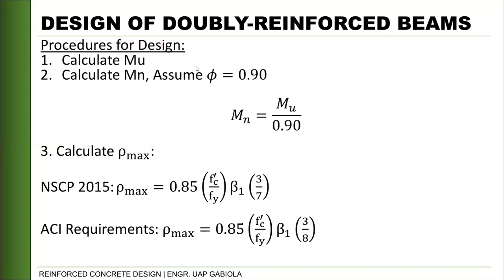Okay, so after getting the value of MU, we can calculate the value of MN by assuming a phi value of 0.9. Why 0.9? Kasi since we are introducing compression steel dun sa ating top fiber, we are assuming na nag-yield na yung steel reinforcement natin sa bottom.